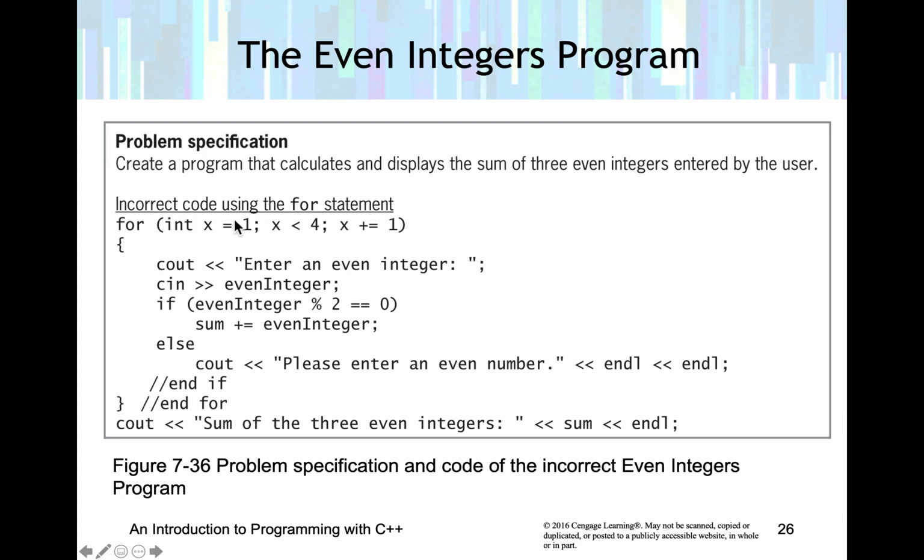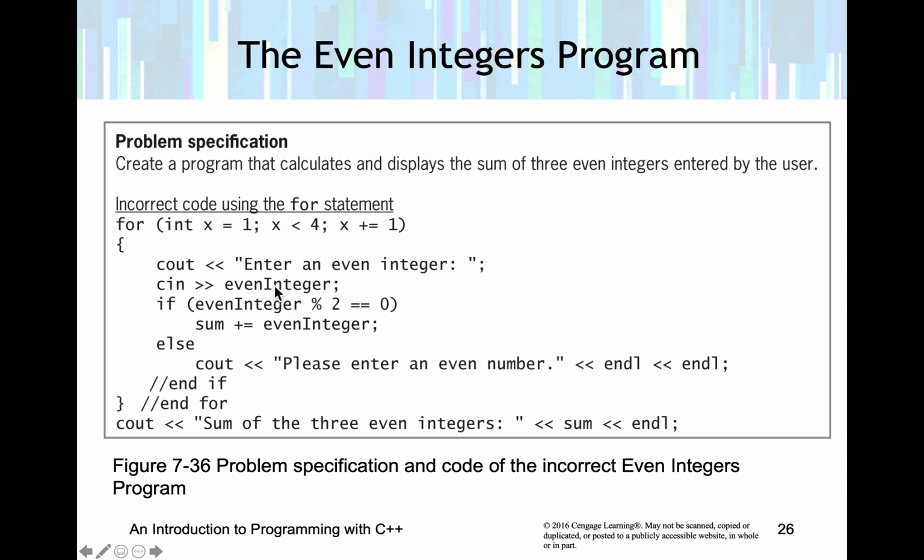So this is the incorrect code using the for statement. So they have a for loop from 1 to less than 4. So this loop iterates exactly 3 times.